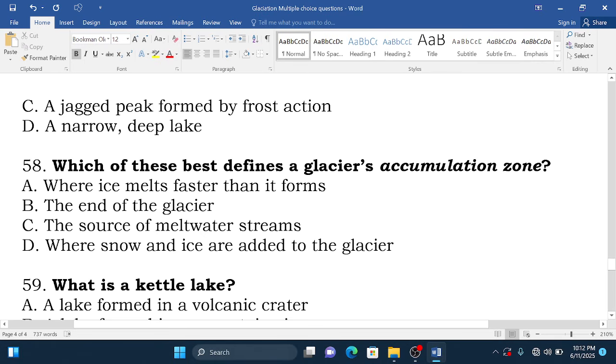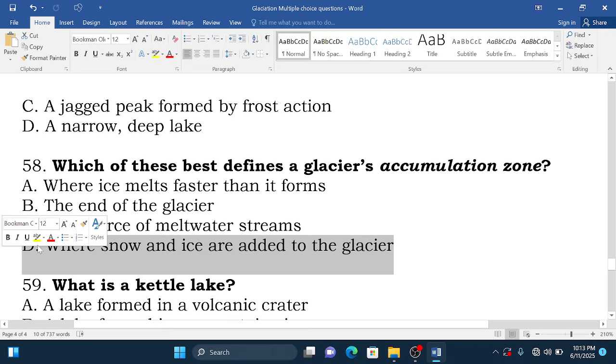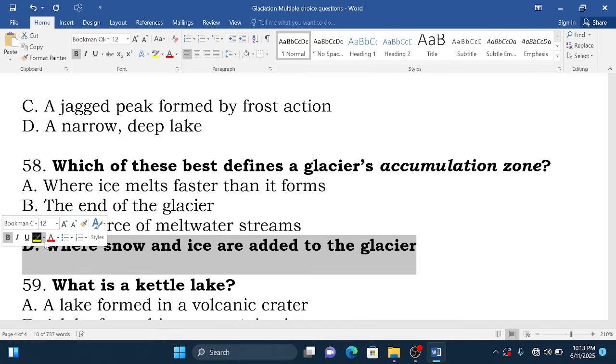A, where ice melts faster than it forms. B, the end of the glacier. C, the source of meltwater streams. D, where snow and ice are added to the glacier. So the correct answer is D, where snow and ice are added to the glacier.